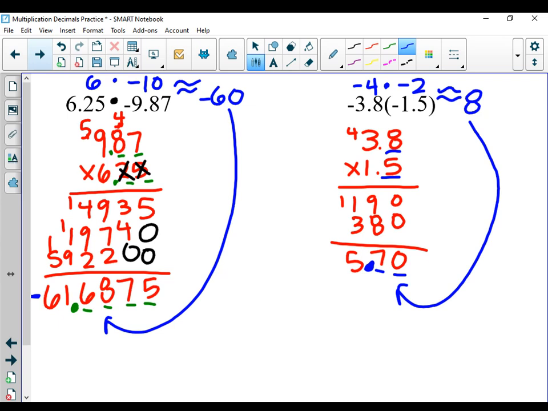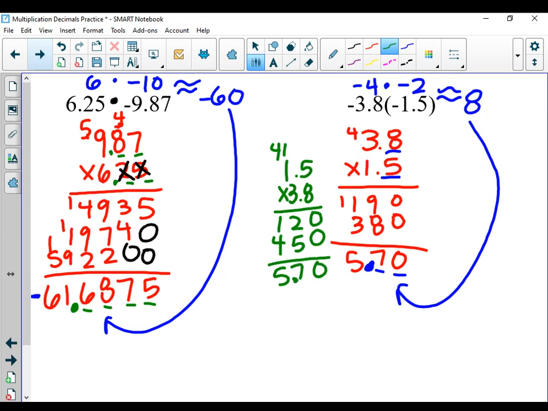Maybe I'll check this one more time. Am I close? I'm going to flip the order. Maybe that'll help me. Yep, looks like I got the same answer twice, so I'm glad I checked my work.